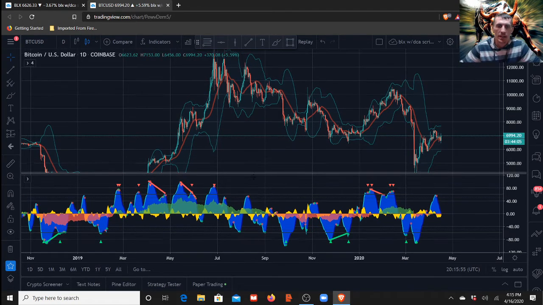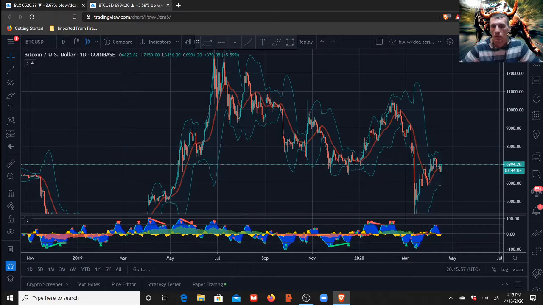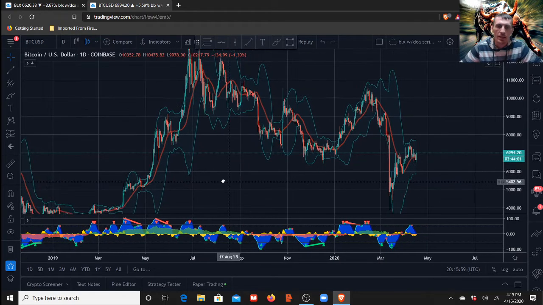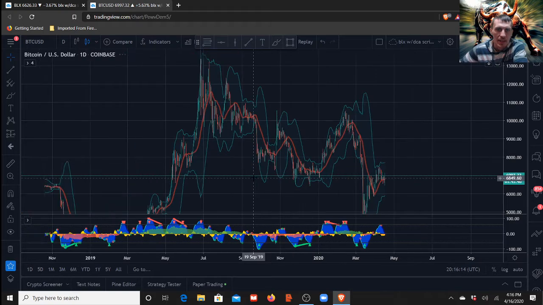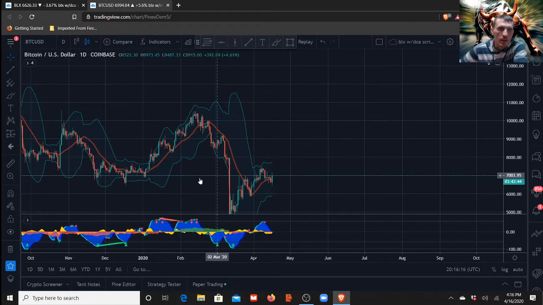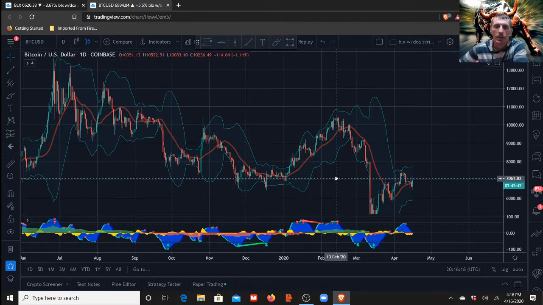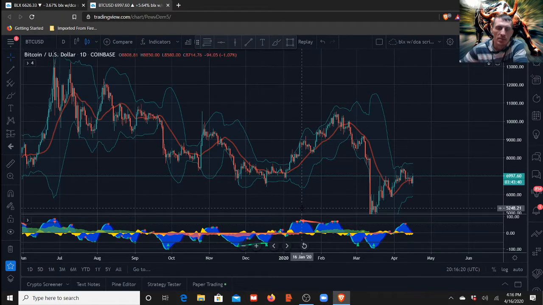I don't know very many of the guys in my Discord now that trade with Bollinger Bands. I like Bollinger Bands. I like Keltner channels better. Keltner channels are a little bit more accurate. Price seems to stay inside the Keltner channel more than it does with the bands. But my strategy when I'm trading with these bands is I'm trading the double tops and double bottoms.